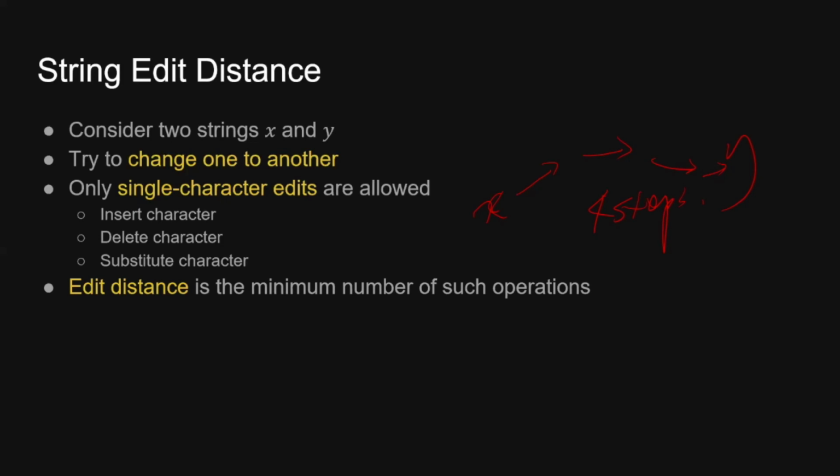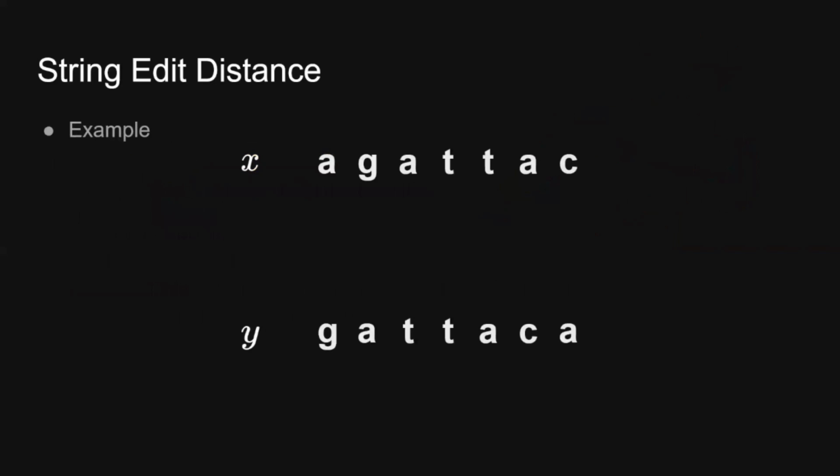But then you came up with a better idea to convert string X to string Y with only 3 steps. And in fact, nobody else has found anything smaller than 3 steps. So then the string edit distance from X to Y and Y to X becomes 3. That's the very definition of string edit distance.